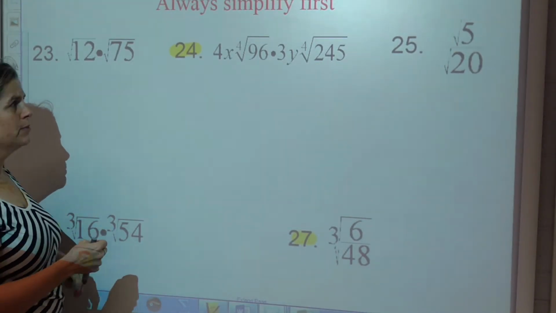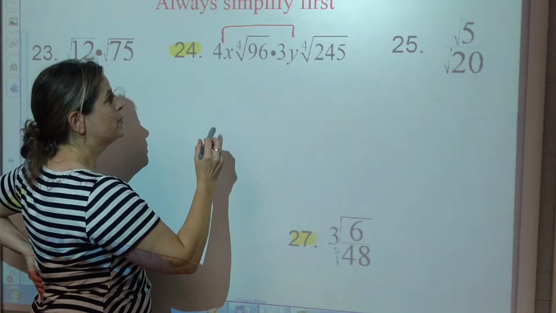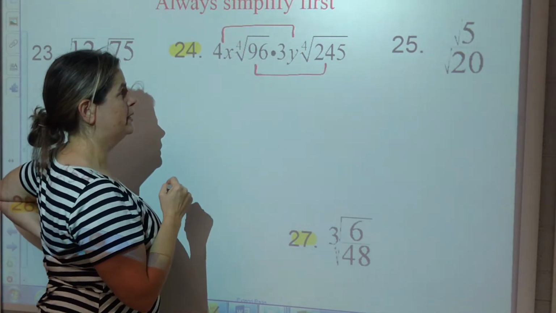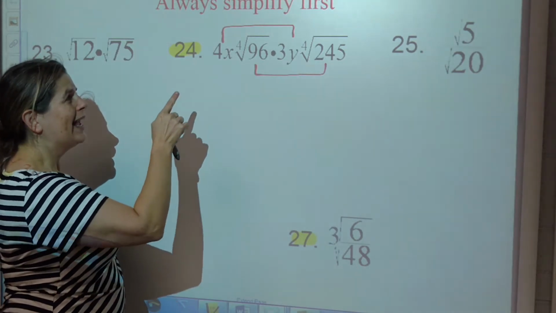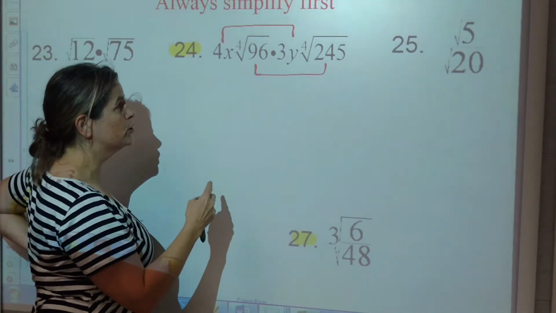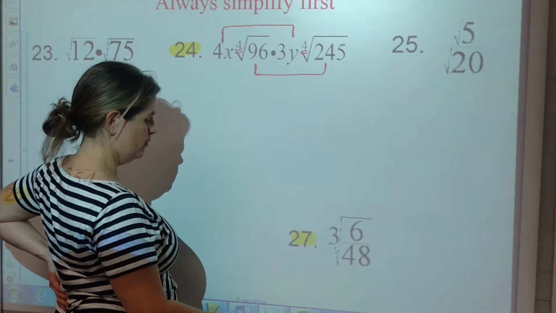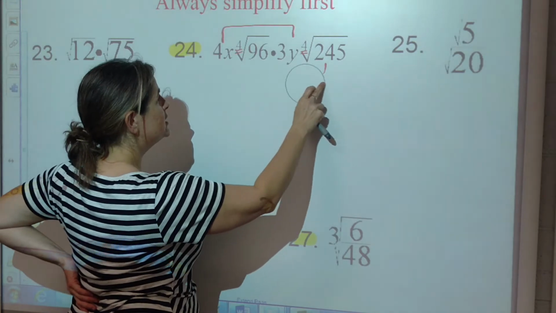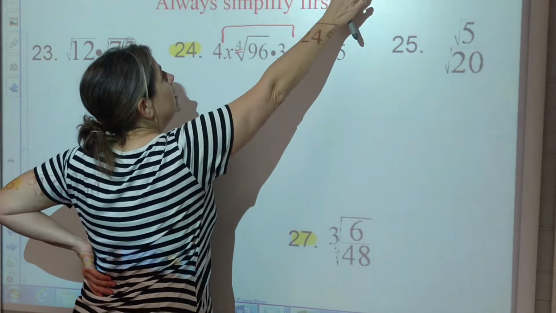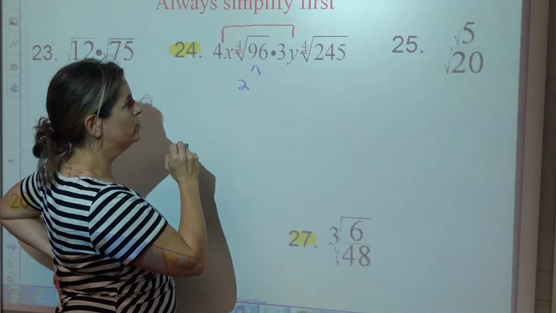We'll expand on this tomorrow. But remember, when you're multiplying, the outside pieces multiply and the inside pieces multiply. I am going to go ahead and try to simplify the 96 and the 245 first, though. Those are fourth powers, so I'm looking for sets of 4. So when I simplify those, I will just simply start factoring, however makes sense to you.